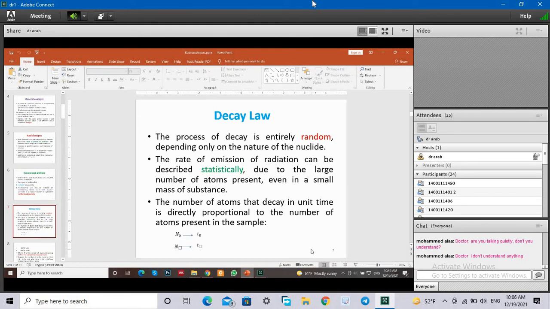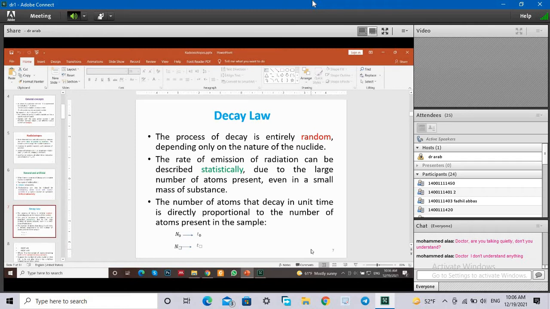Okay. As I said, at first, I want to speak about the main concepts of nuclear physics. The main parameters that we should consider for a radionuclide agent are related to the decay law and radionuclide activity. At first, imagine that you have 1 million cesium atoms with radioactivity.